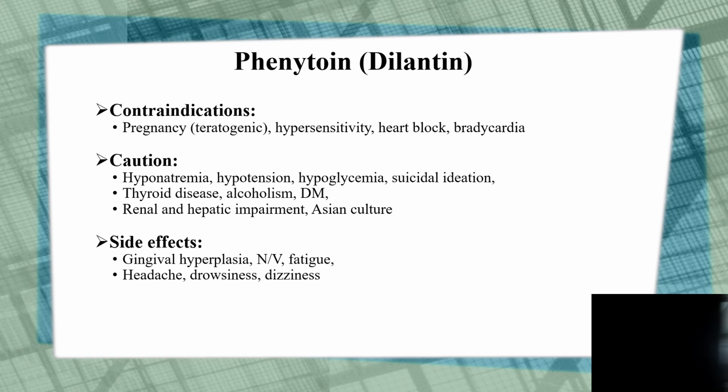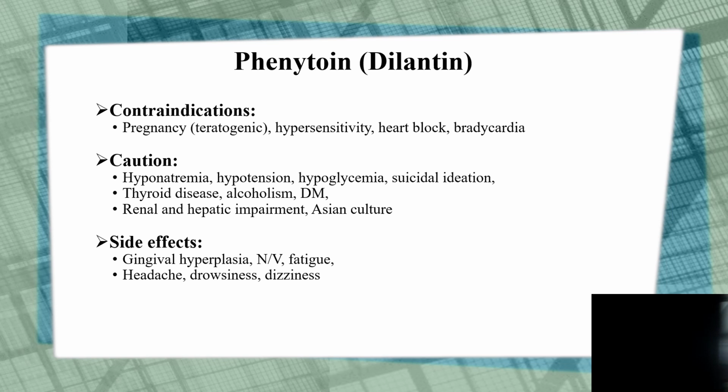When this drug is being administered, you have to be extremely careful if it's given to an older adult, because we know that every system function decreases by 50%. So you find that there is decreased metabolism, and the drug stays longer in the body and they can easily become toxic.